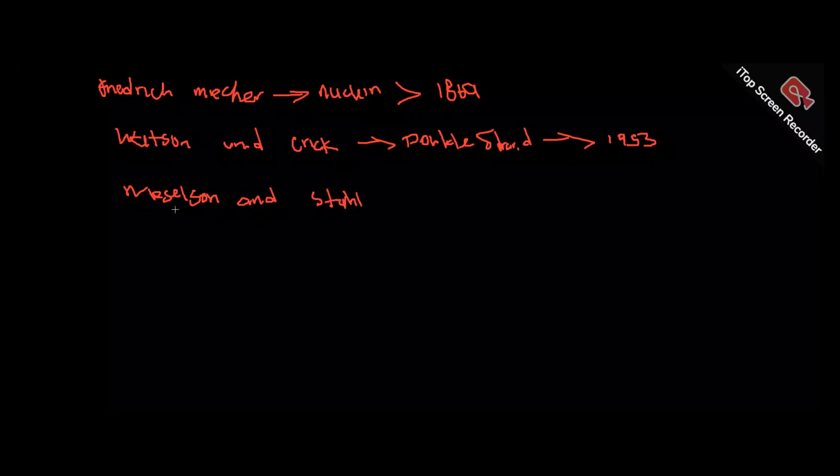The first name for Meselson is Matthew, and for Stahl is Franklin. These guys studied the DNA and came up with three models on how the DNA replicates. These three models are the ones which are going to tell us how the DNA replicates, and it's actually very simple. So let's talk about the three models.